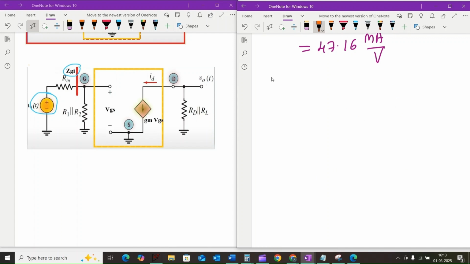So the voltage gain of the amplifier circuit AV is equal to Vout by Vin, which is equal to VGS divided by Vin into Vout divided by VGS.